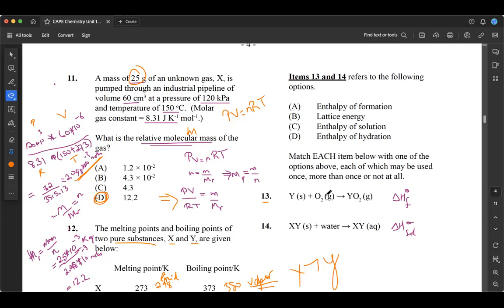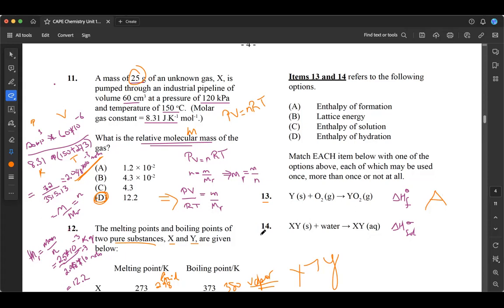We have a solid and a gas coming together from their elemental forms to form this molecule. So this is an enthalpy of formation for this oxide. Our answer for 13 is A. Again, we're just remembering the definitions so we can apply them here.